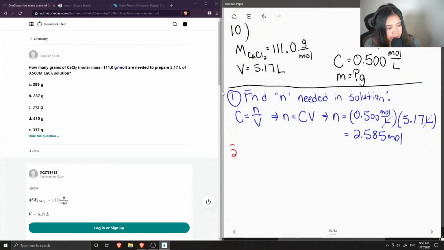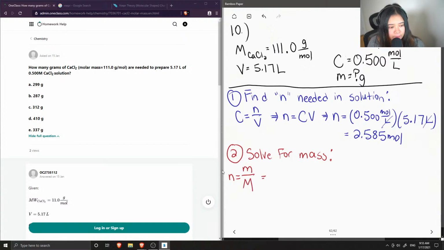Okay, so the second part of the answer is to now solve for mass. If we remember that to find the number of moles, you do the mass divided by the molar mass, we can rearrange this equation and solve for mass by multiplying the number of moles that we found in the previous step by the molar mass of calcium chloride.